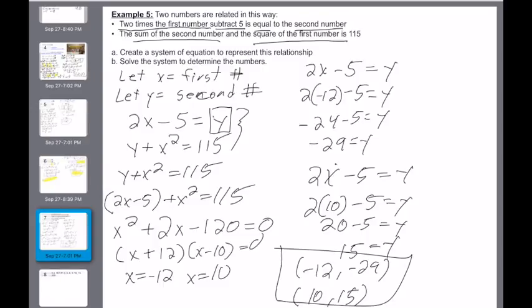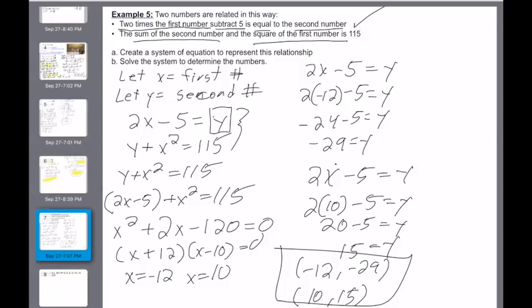Okay, so again, we should be able to double check that these work. 2 times the first number, subtract 5. If I take negative 12 times 2, that gives me negative 24. If I subtract another 5, that equals negative 29, so that works. And then for the second one, 10 times 2 is 20, subtract 5, that gives me 15. All right, so that first rule is good.